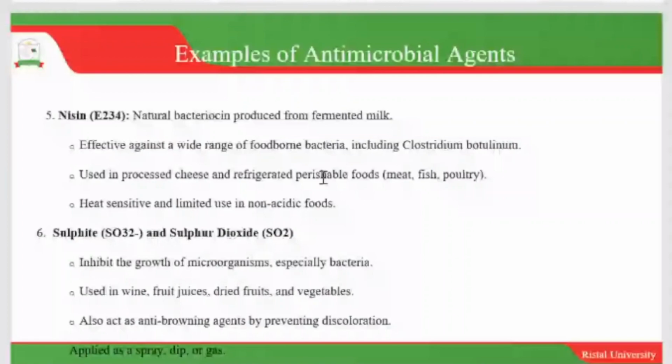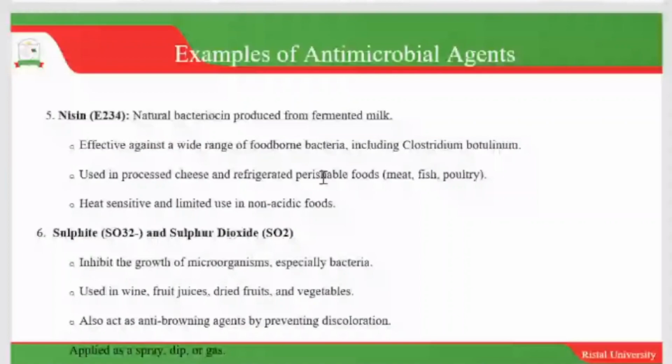But also, like we talked about the carbon monoxide, where it forms that reddish or brownish color. For this sulfite, we are looking at it being an anti-browning agent, preventing that discoloration. But also, the carbon monoxide was also able to prevent this.